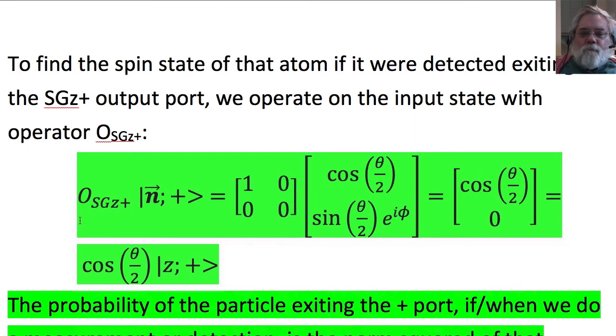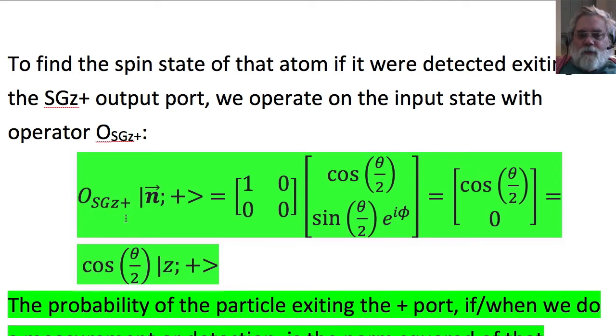So we know what the state is going to be at the input port. The state is n vector plus. We want to know what the state will be at the Z plus output port, so we operate on this input state with operator SGZ plus.